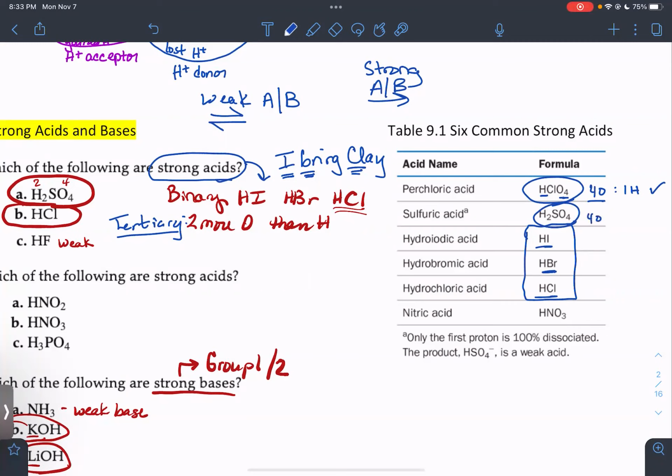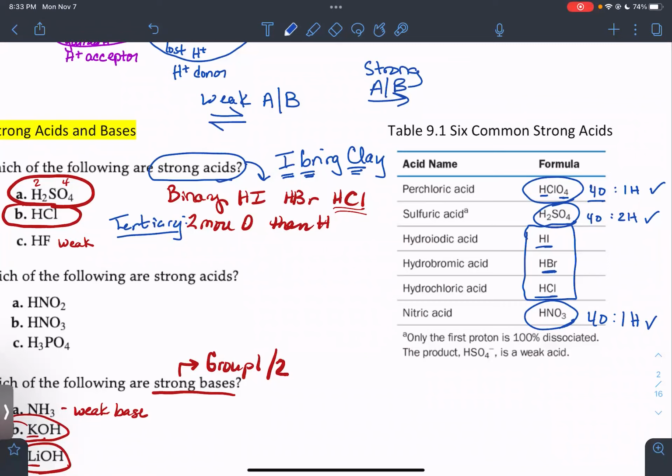H2SO4, I have 4 oxygens to 2 hydrogens. I have 2 more oxygens than hydrogens, check. HNO3, here I have 3 oxygens and 1 hydrogen. That's a check. So these are all examples of strong acids.